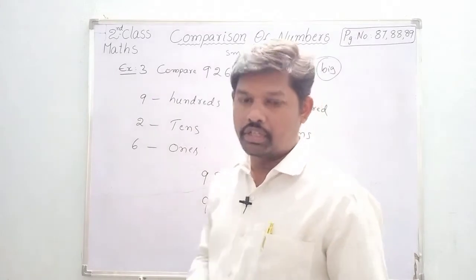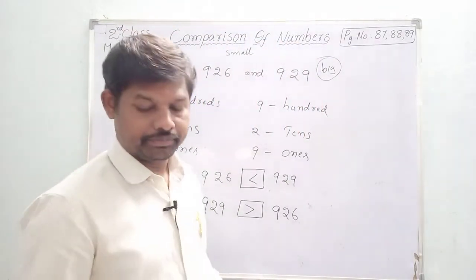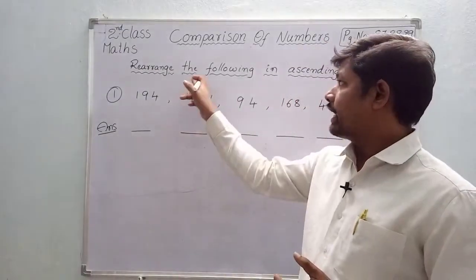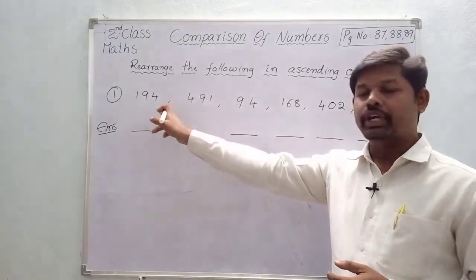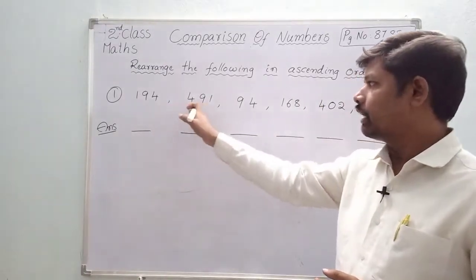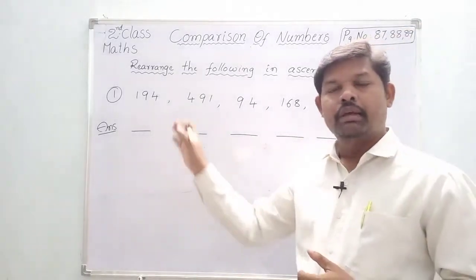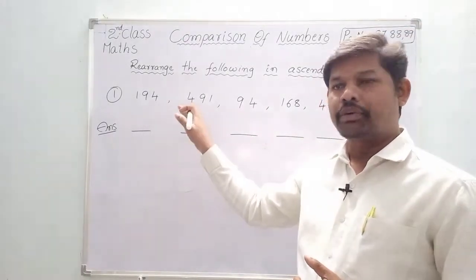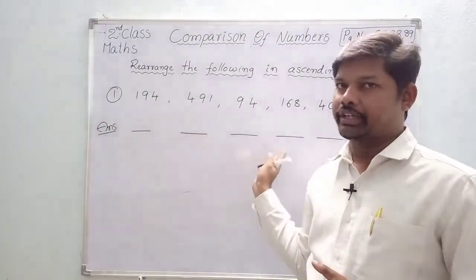I will take the first one, the remaining two you have to complete. Rearrange the following in ascending order. Here 6 numbers are given. By observing these numbers, we have to arrange the numbers in ascending order in the given blanks.